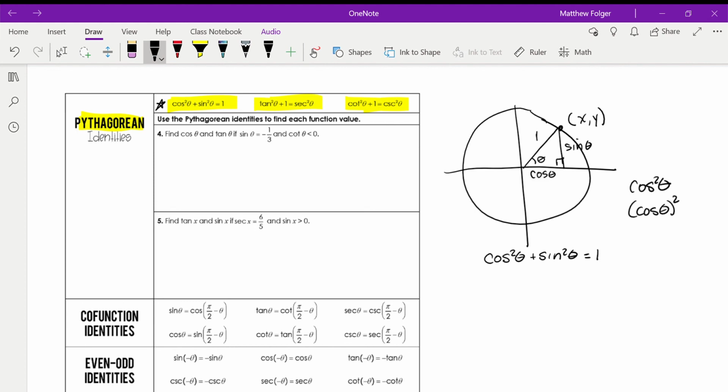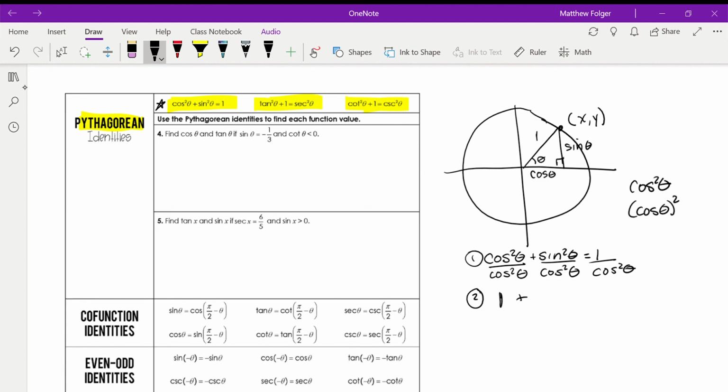Now the second identity actually comes from dividing these all by the same thing. So if I take all of these and divide them all by, let's say, cosine squared of theta. All right. What happens here? Well, we know cosine over cosine, if you divide anything by itself, that leaves you with 1.